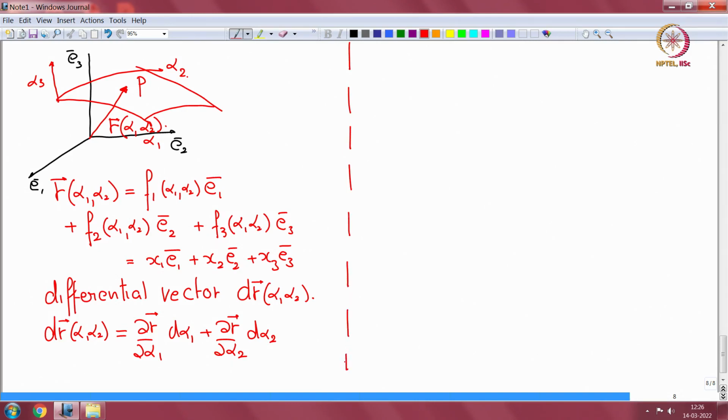Now, pictorially what is it? I have this point here P and a point here P dash, let's say. And let's say my alpha 1 moves like this, alpha 2 moves like this, and I want to describe this vector dr, and from there the differential length.